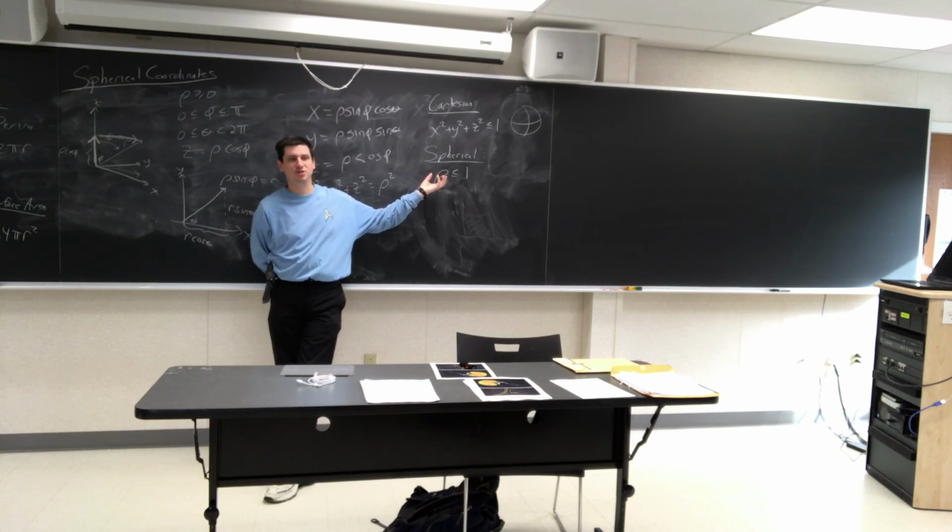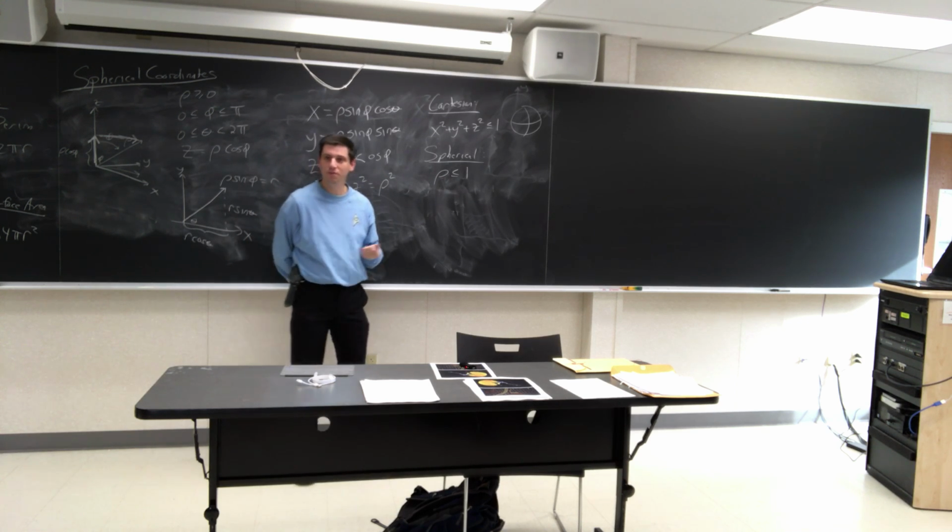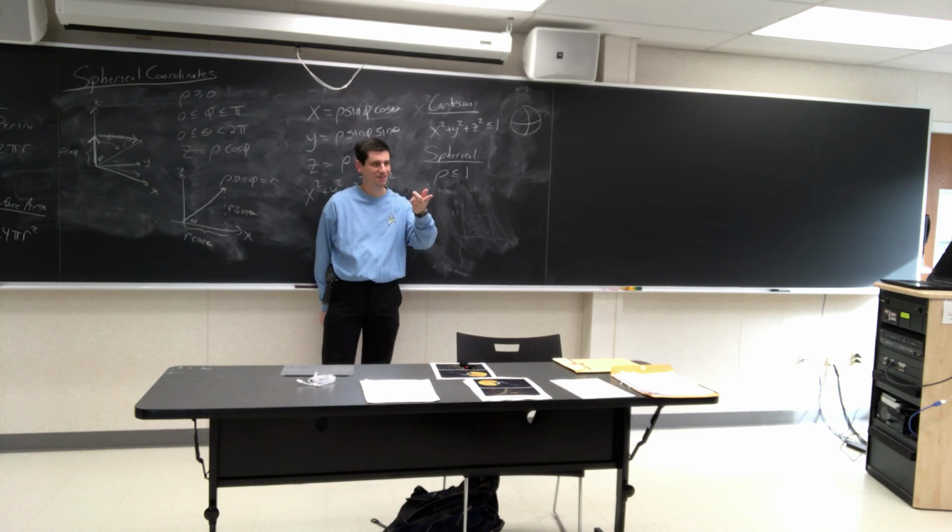What kind of object do you think this is going to look like in rho theta phi coordinates? It's going to be a line. Nope, not a line. A rectangle. Not a rectangle, you're getting closer. A plane. Not a plane. A cube. Does a cube have all sides the same length?